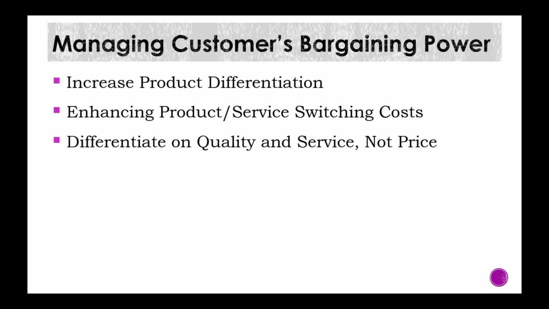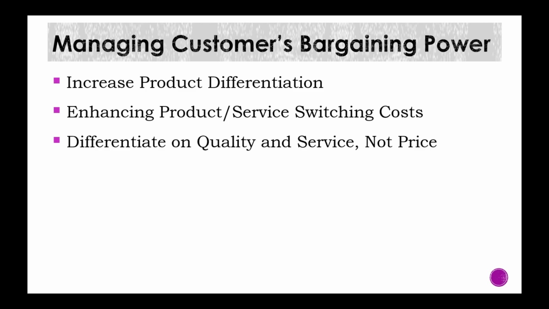Companies can invest in increasing product differentiation so that customers will find more value in the offered product and hence their bargaining power can be lowered. Companies can also invest in enhancing product or service switching cost so that they can be retained by the companies on their product and service for a longer period of time.